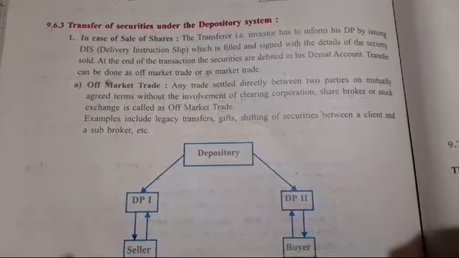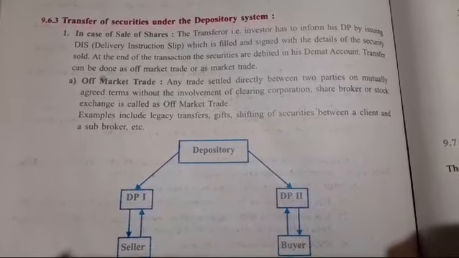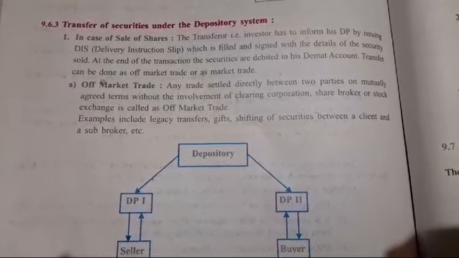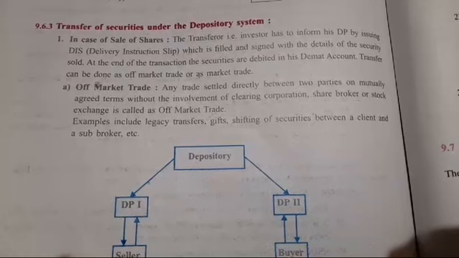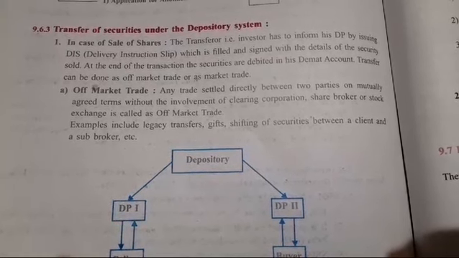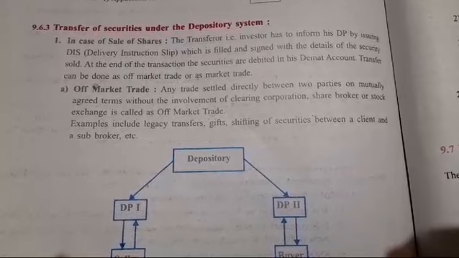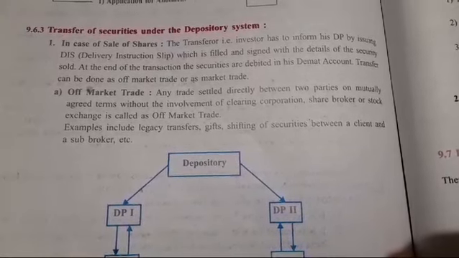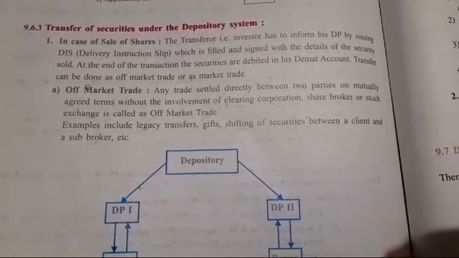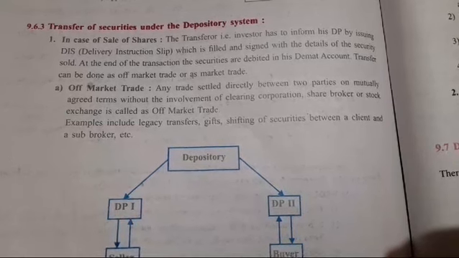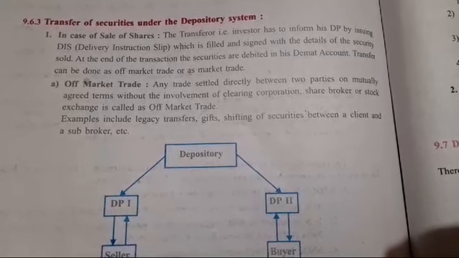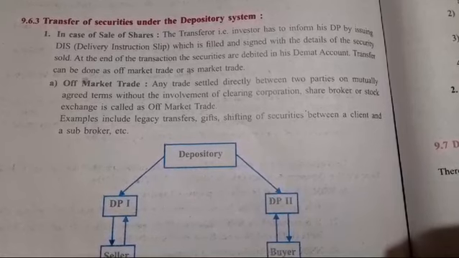Transfer of securities under the depository system. First, in case of sale of shares, the transferor, who is the investor, has to inform his DP by issuing a DIS, delivery instruction slip, which is filled and signed with the details of the security sold. At the end of the transaction, the securities are debited in his demat account.